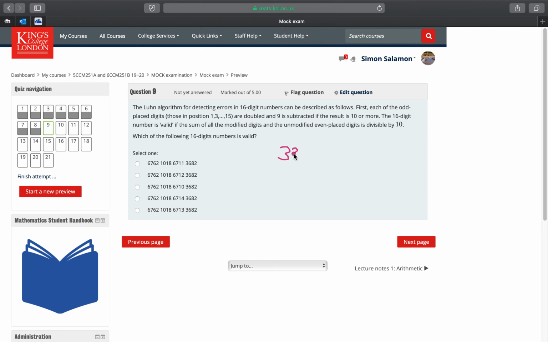Now I'll take the other digits and double them. Remember, if the answer is bigger than or equal to 10, you subtract 9. So 6 and 6 is 12, that's 3, plus another 3, that's 6, plus 2, that's 8, plus another 2, that's 10. So I can forget about that 10, start again.